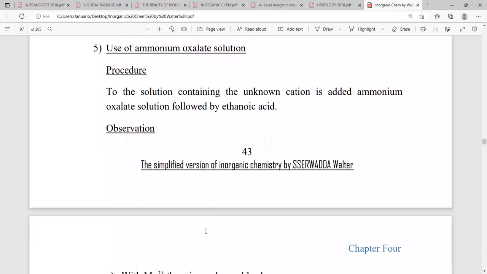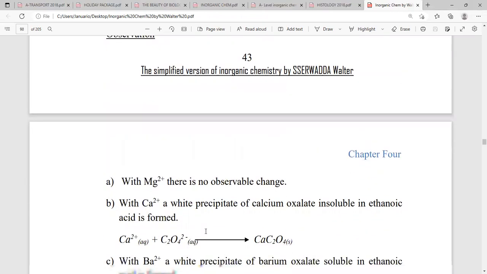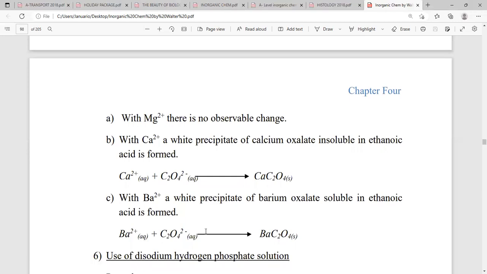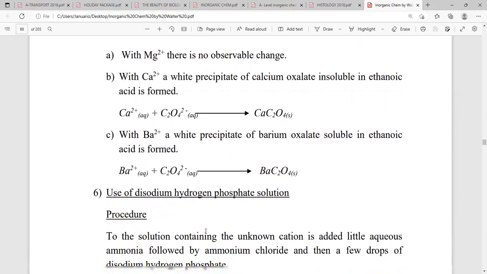When you are using ammonium oxalate, for magnesium there is no observable change, whereas with calcium and barium you get calcium oxalate and barium oxalate. But calcium oxalate is insoluble in ethanoic acid, while barium oxalate is soluble in ethanoic acid.